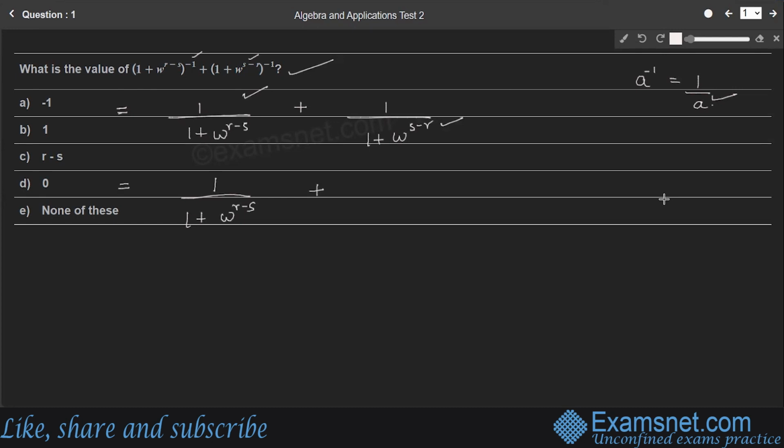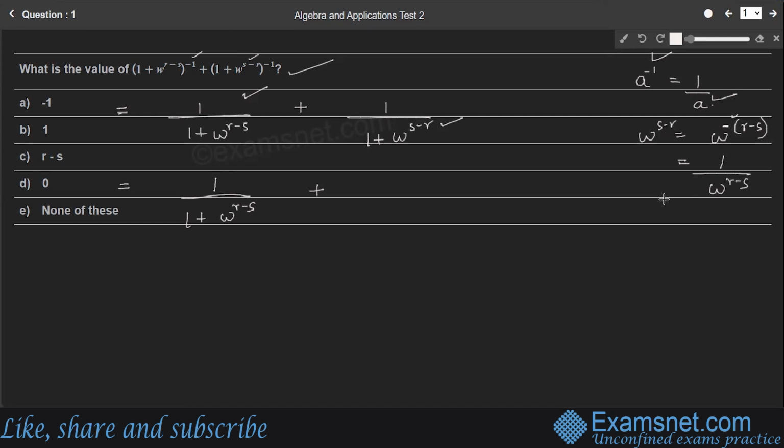So can we write w raised to s minus r as w raised to minus of r minus s? Both are the same, right? W raised to minus of r minus s, which is in the form of a raised to minus 1, so which is 1 by w raised to r minus s.